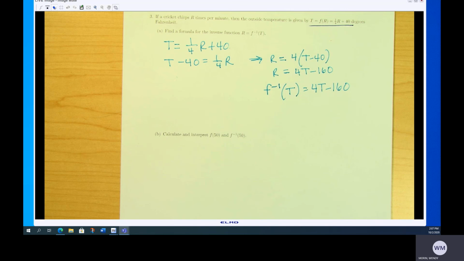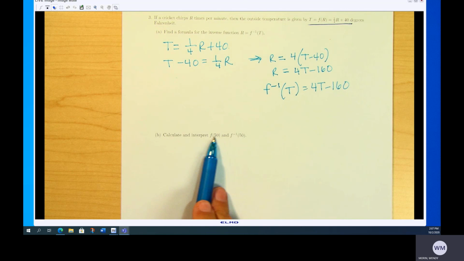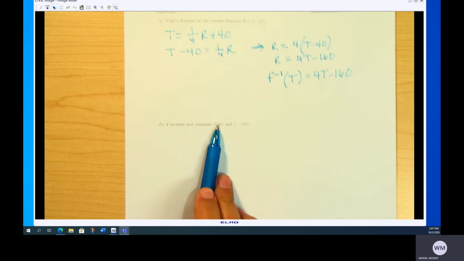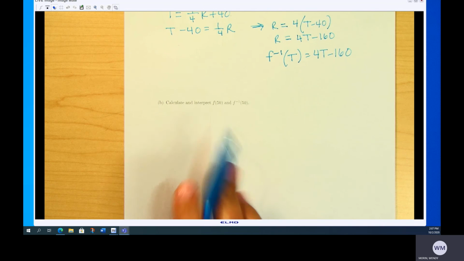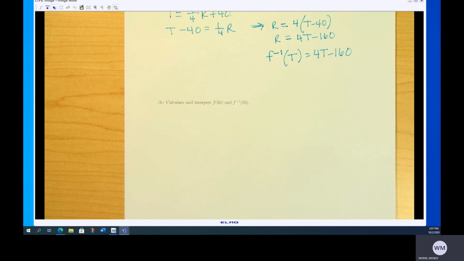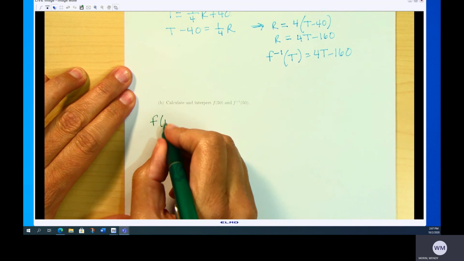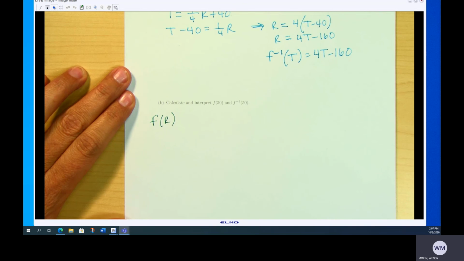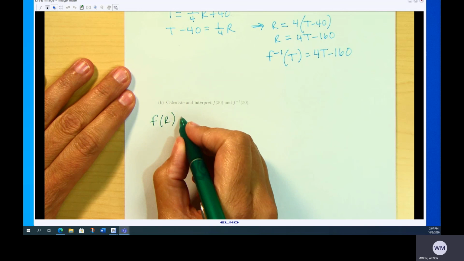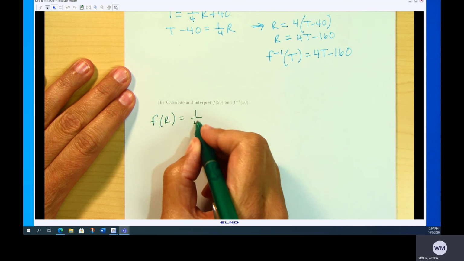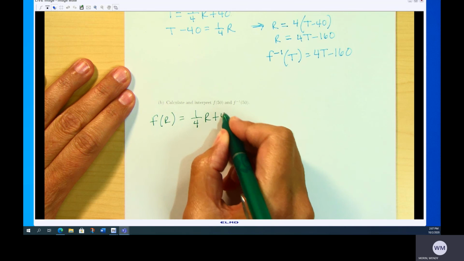Okay, so now that we have those formulas, let's see if we can calculate and interpret these. Let's do this one. Find f of 50. Well, we're going to use our f of R equation. f of R equals 1/4 R plus 40.